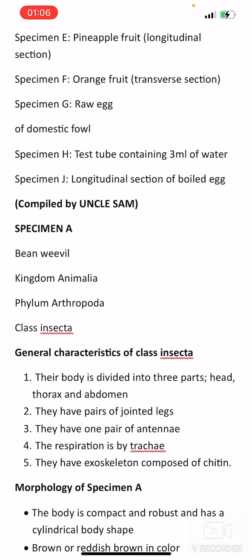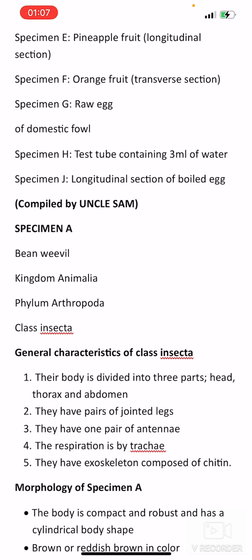Specimen A is the bean weevil, and they are under the kingdom Animalia and the phylum Arthropoda, and they belong to the class Insecta. These are their general characteristics.